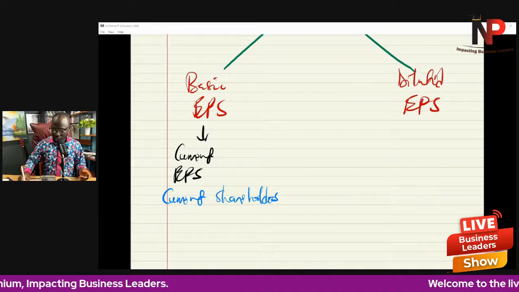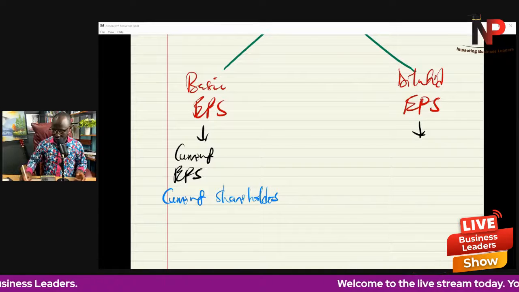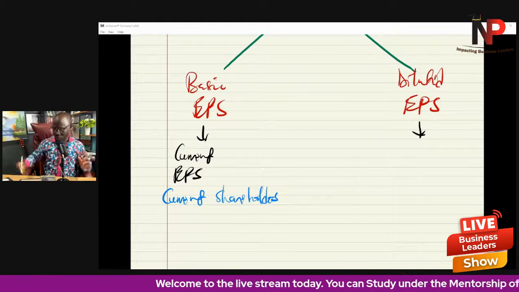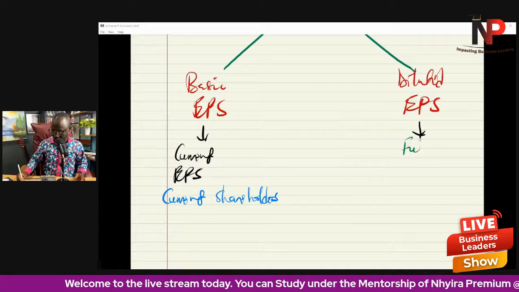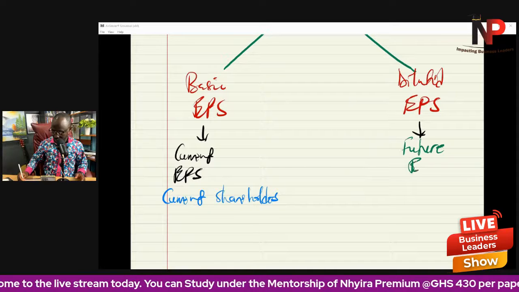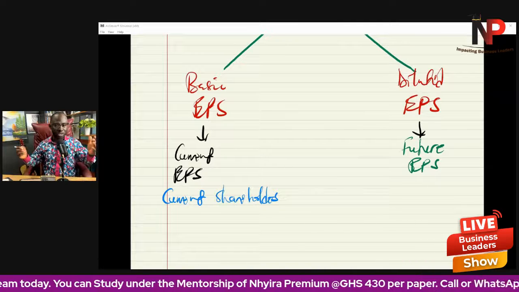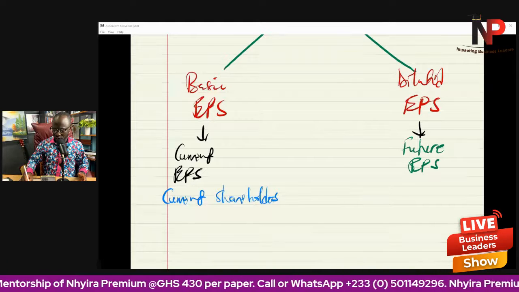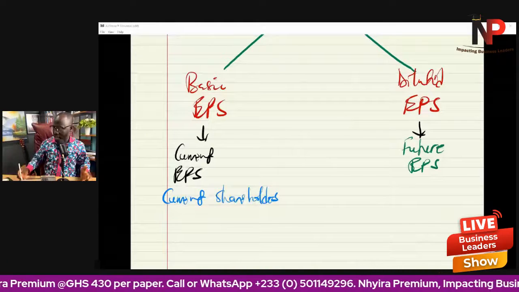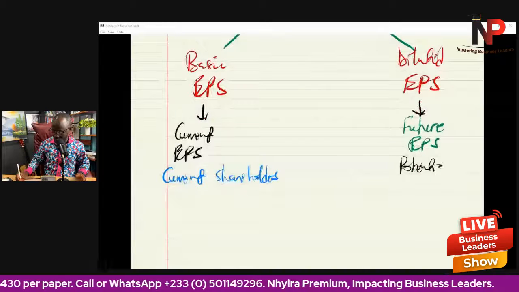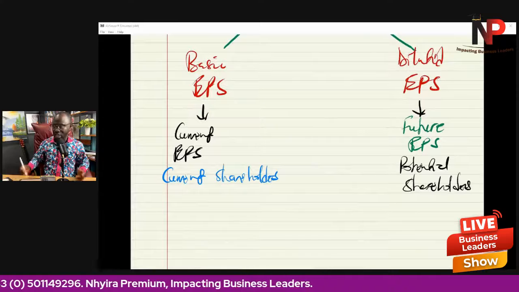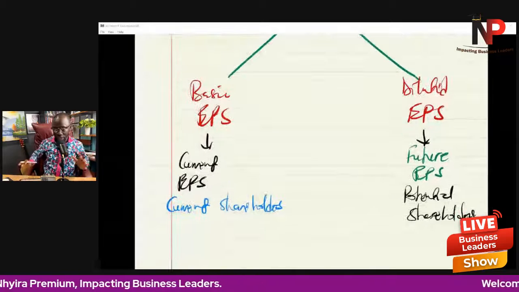But then the diluted earnings per share, I want you to think of this as the future earnings per share of the company. In other words, it talks about the earnings per share that will be earned by the shareholders potentially in the future. All potential shareholders, what they are likely to be earning in the future.